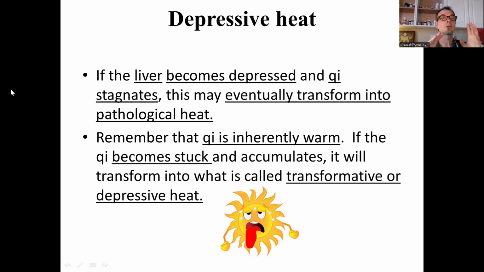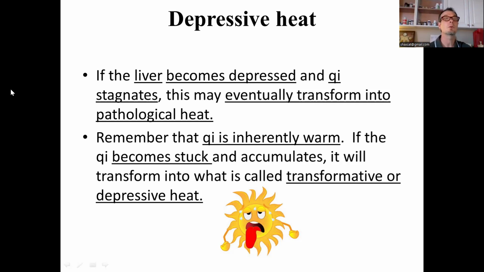Think about it: energy is yang based, energy has this heat element. The liver is all about distributing the chi smoothly, making sure the chi's running smoothly. That's one of its jobs. When it's not doing its job, the chi starts to bunch up, and you have that yang heat element that's part of chi, and it gets hotter and hotter.